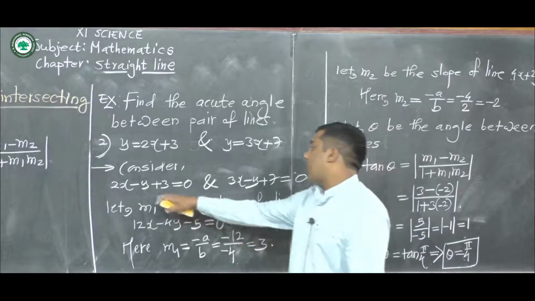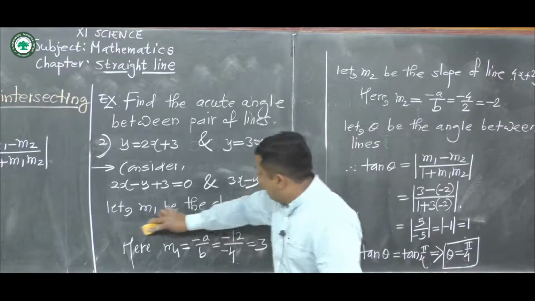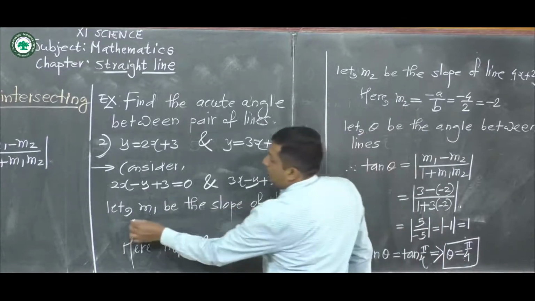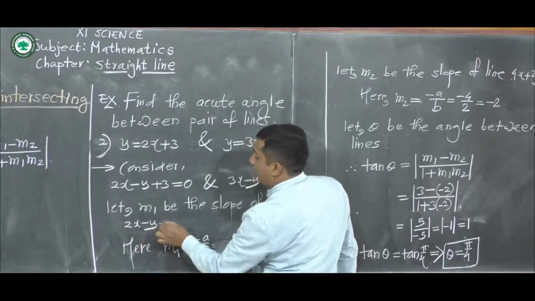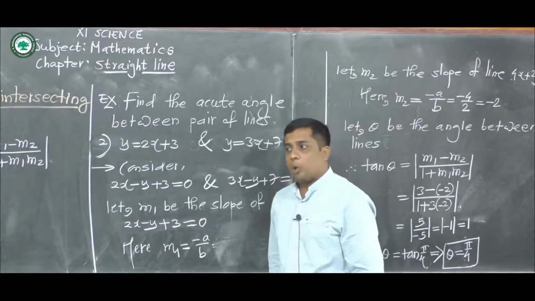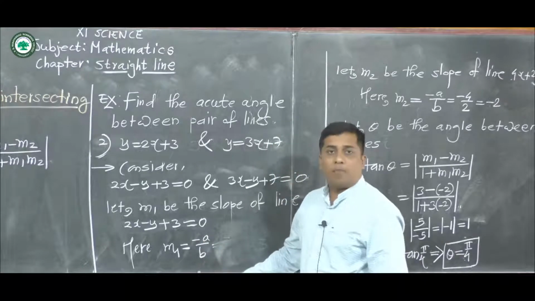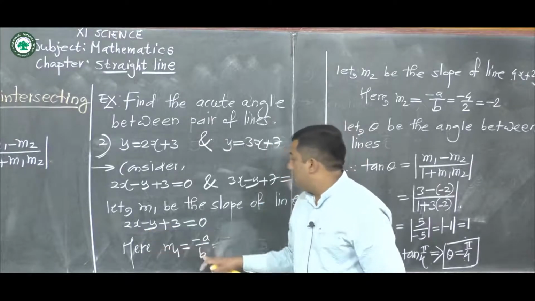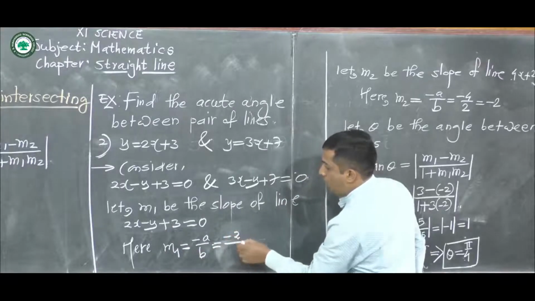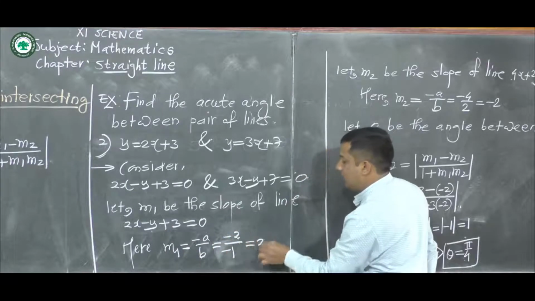Let us consider the slope of the first line is m1. Let m1 be the slope of the line 2x minus y plus 3 is equal to 0. We need to find the slope m1. We consider minus a upon b. Here a is 2, b is minus 1. So it is equal to minus 2 upon minus 1, which is 2.